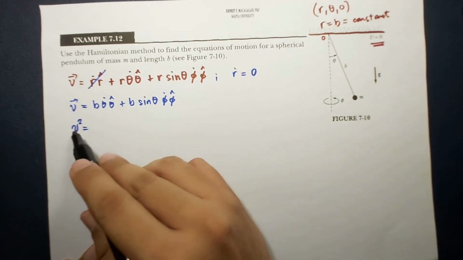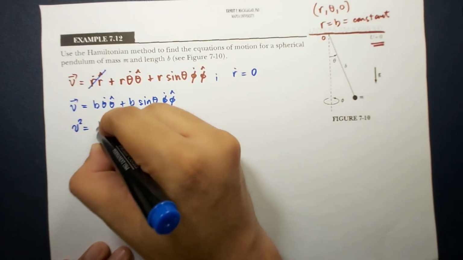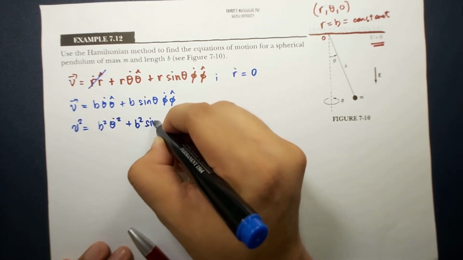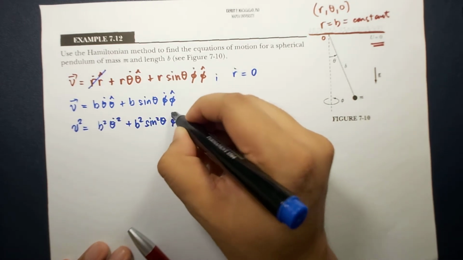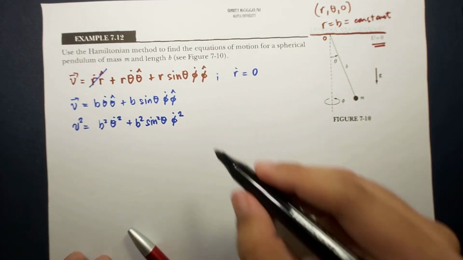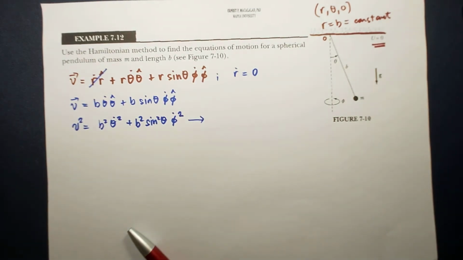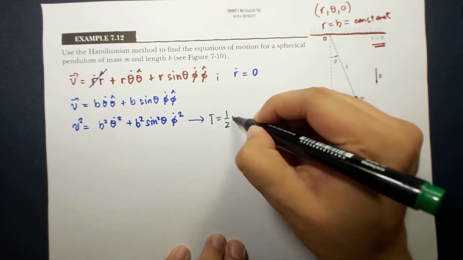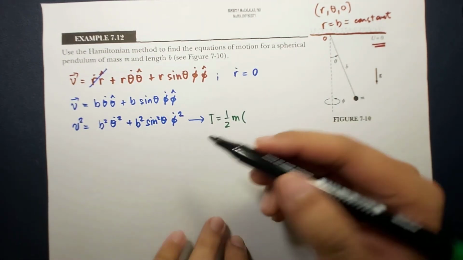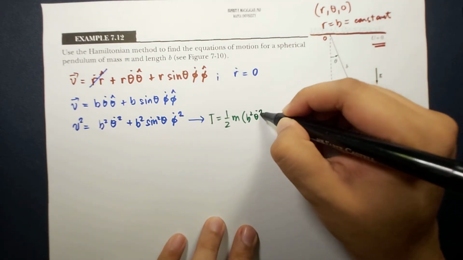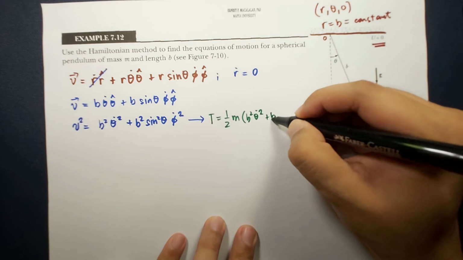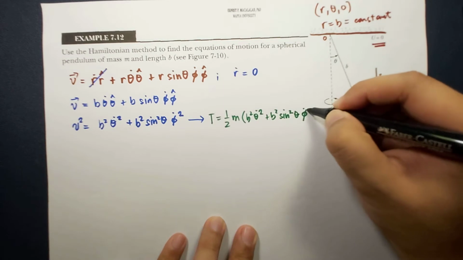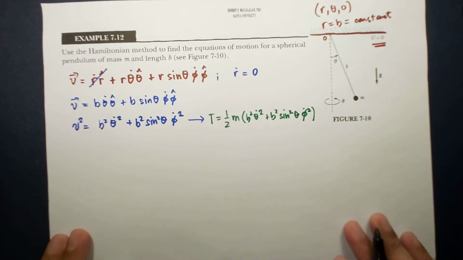So the square of the velocity is b squared theta dot squared plus b squared sine squared theta phi dot squared. This gives us the kinetic energy as 1/2 m times b squared theta dot squared plus b squared sine squared theta phi dot squared.